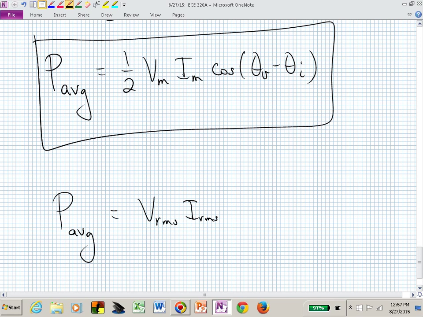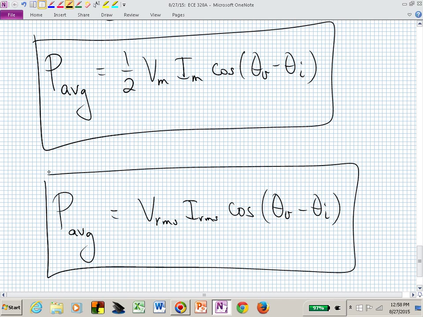We have the square root of 2 times the square root of 2, and we put one of those square roots under V and one under I, so that now we have V RMS I RMS cosine of theta sub V minus theta sub I. Those are equivalent formulas. It's just one of those is written in terms of maximum values on our cosines, and one is in RMS units.